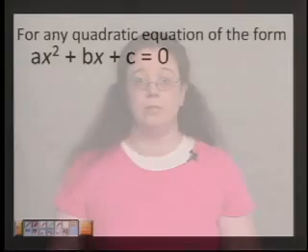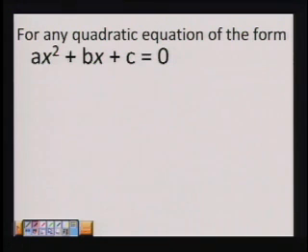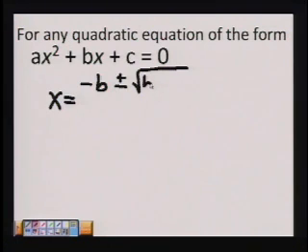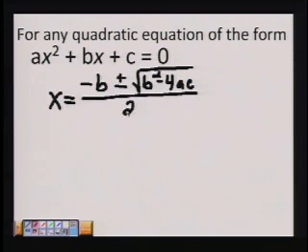One of these is called the quadratic formula, which says, for any quadratic equation of the form ax squared plus bx plus c equals 0, where a, b, and c are just numbers, the value of x is equal to the opposite of b plus or minus the square root of b squared minus 4ac, and all of that is over 2a. Be sure to copy this in your notes so that you can find it later.